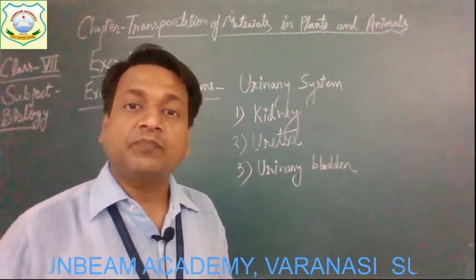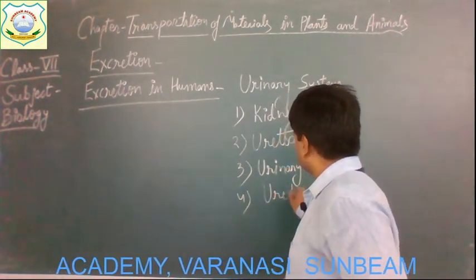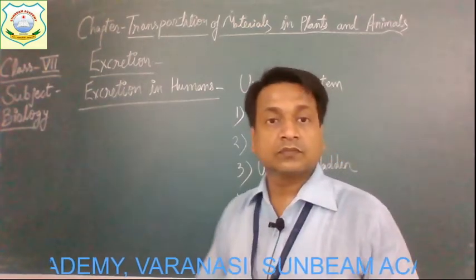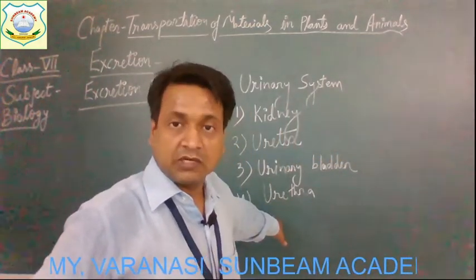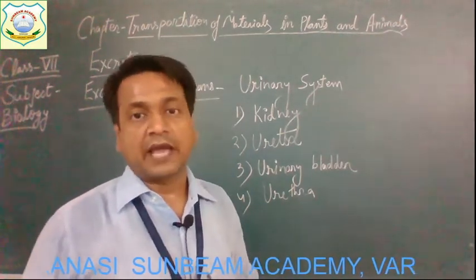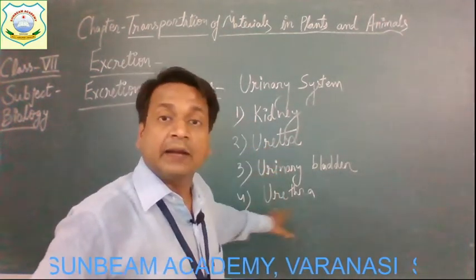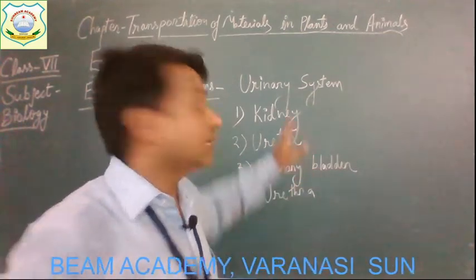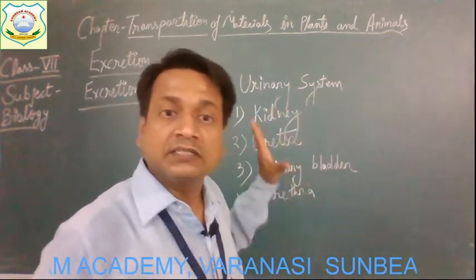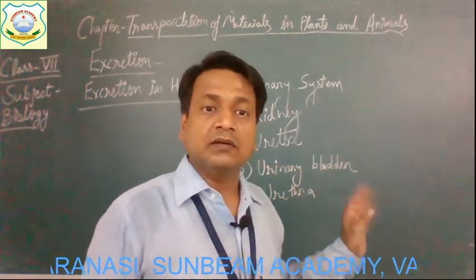And the fourth organ of the urinary system is the urethra. It is a small tube-like structure through which the urine passes out of the body from time to time. So these four organs combine together and form the urinary system of our body. This system is responsible for, yes, removal of the waste. That is why it is known as the excretory system of our body.